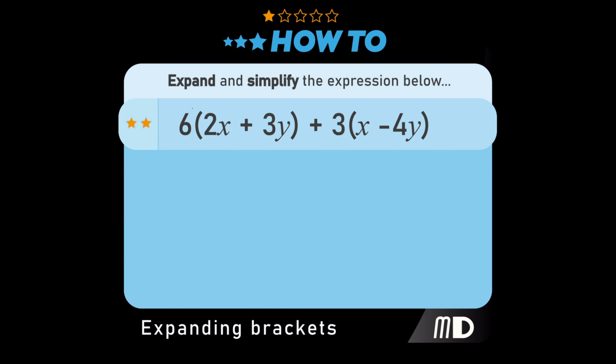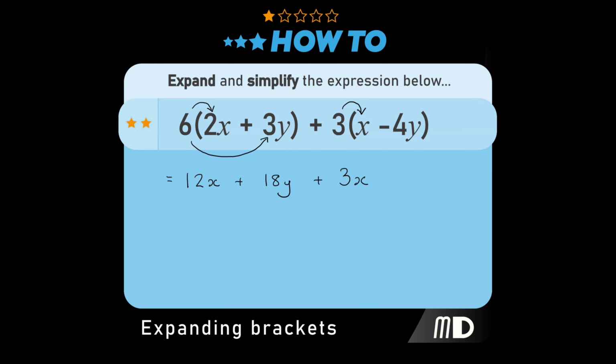6 multiplied by 2x is 12x. 6 multiplied by 3y is 18y. The first expanded bracket is 12x plus 18y. Then 3 multiplied by x is 3x.